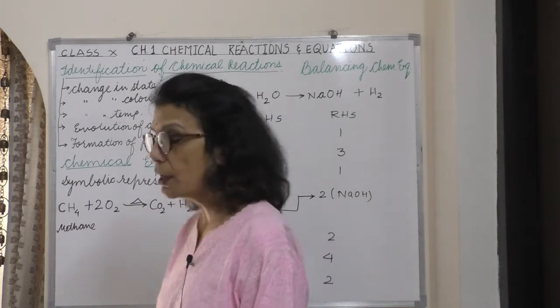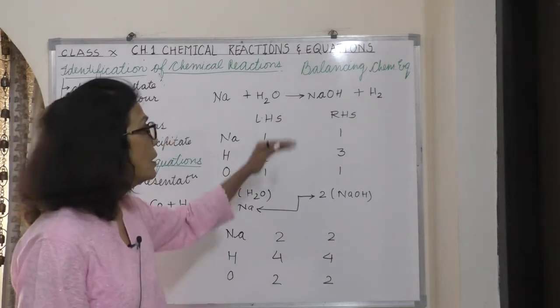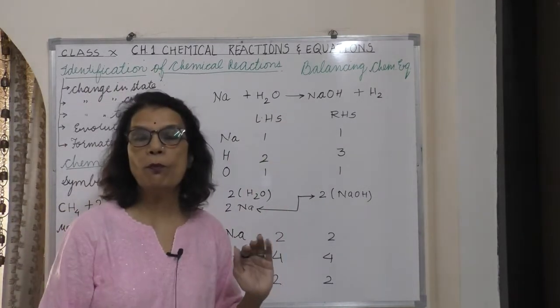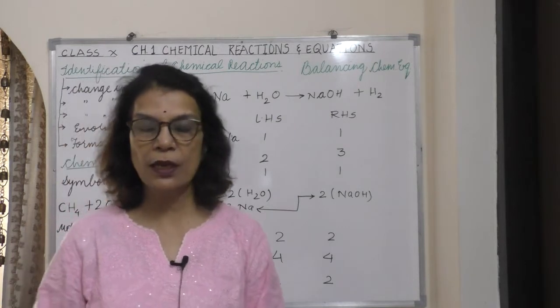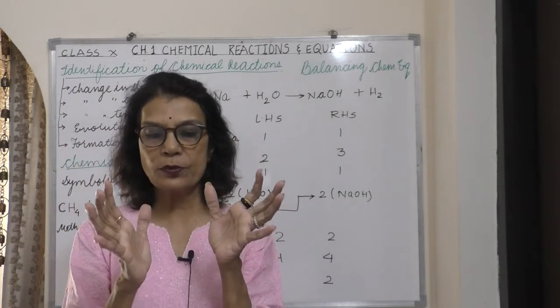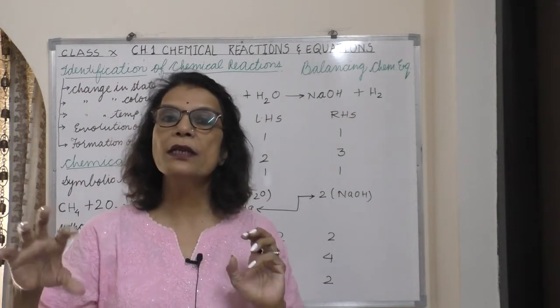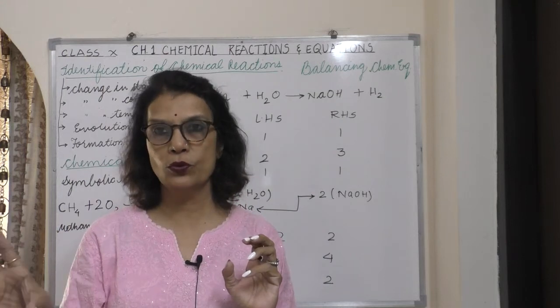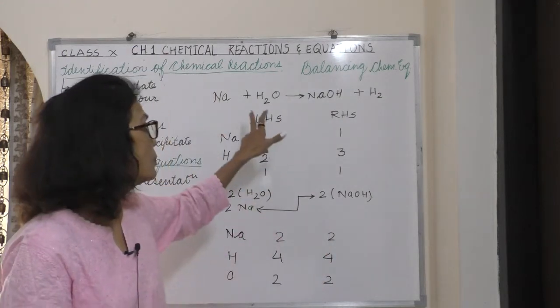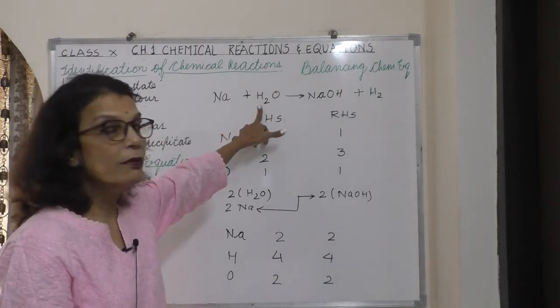Coming to the next one, when we are writing any chemical equation, it is important to balance the equation. See, when I take two substances, the reactant substances, when they are reacting, in the product I should get the same in proportion. The first one, I am giving you an example of sodium reacting with water.